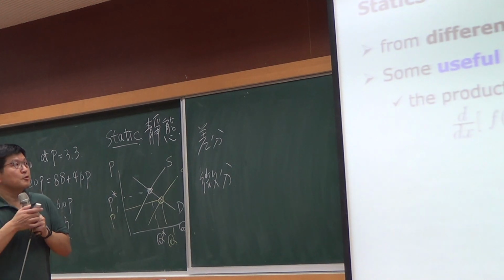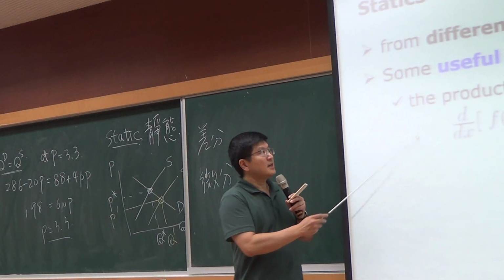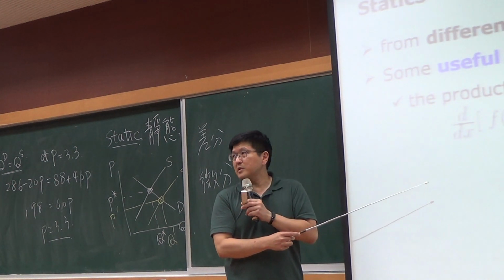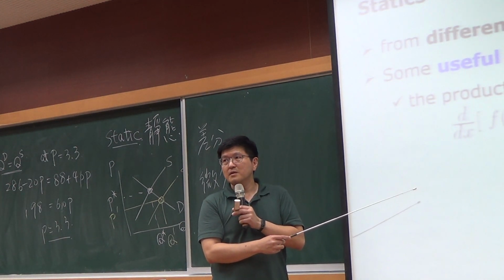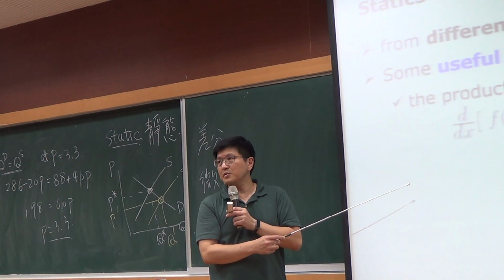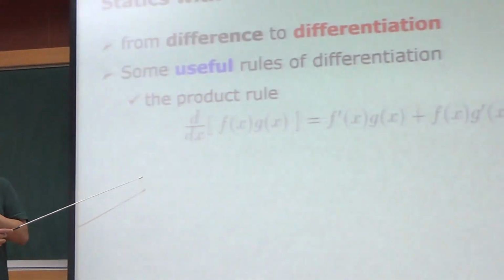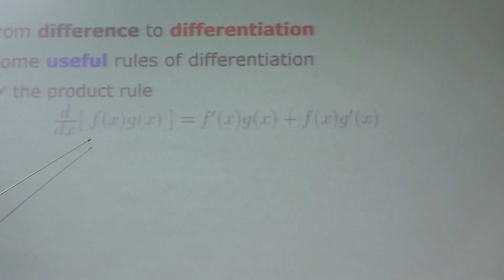There are some useful rules for differentiation, like the product rule, okay? If you remember, when you were a freshman in your first year, you should have learned this in your calculus class.